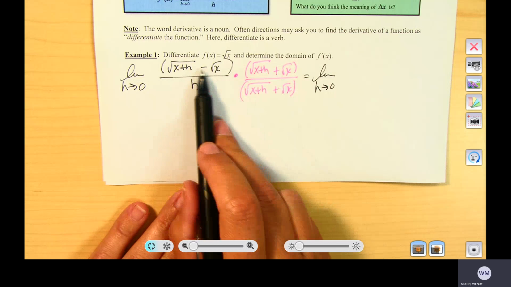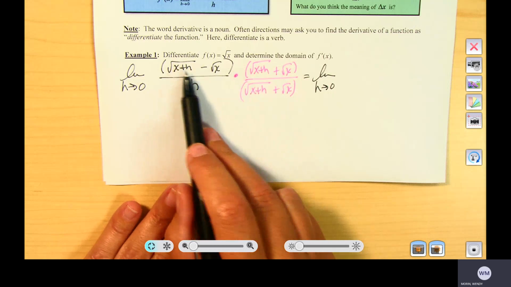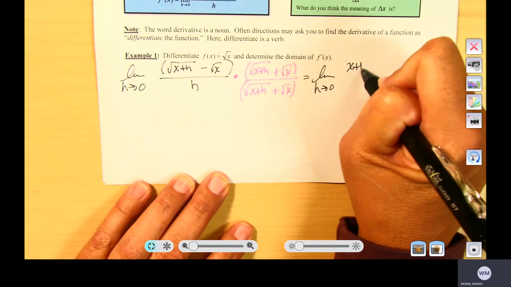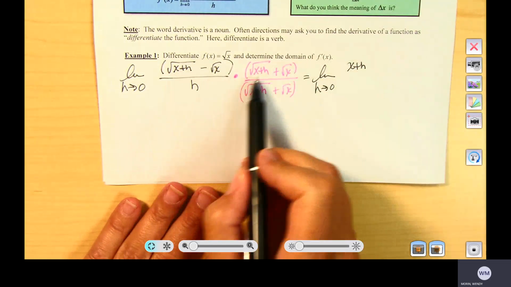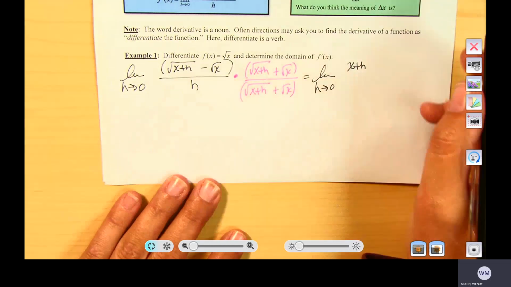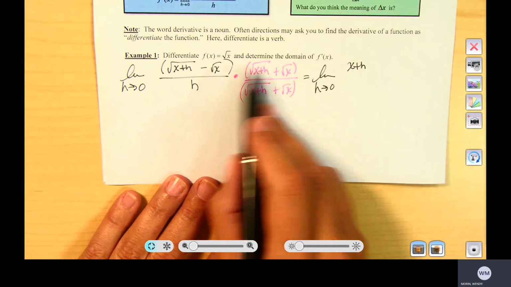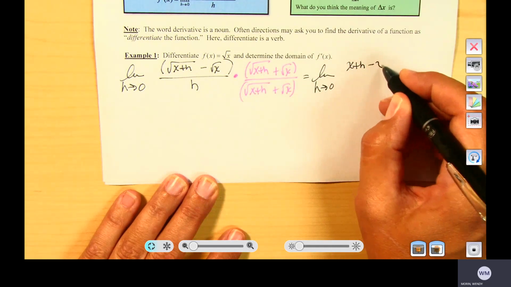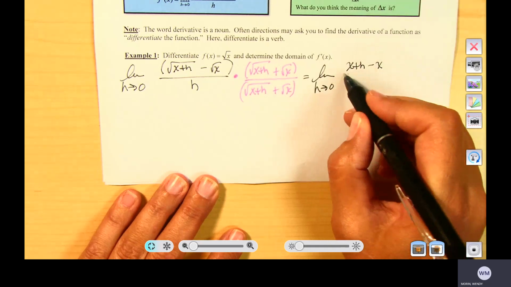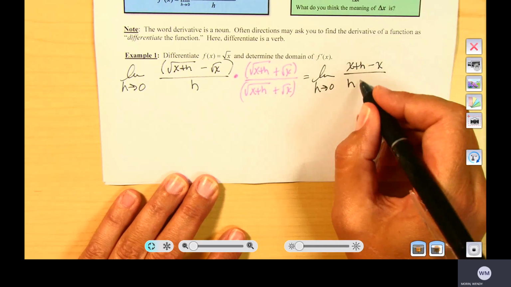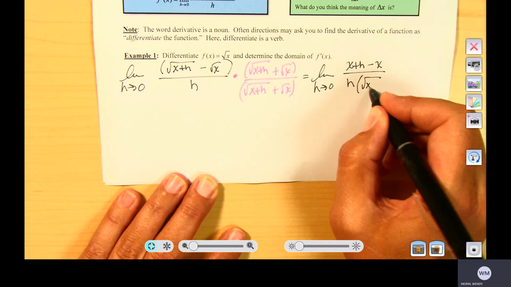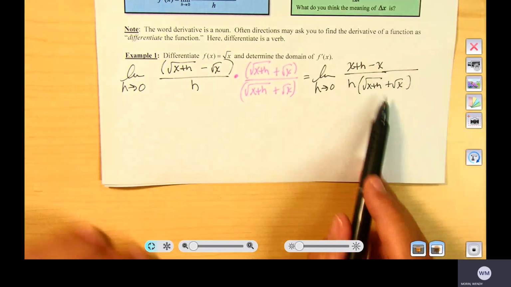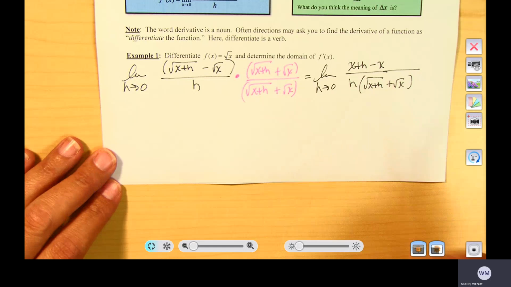This is a difference of squares pattern, so we're going to FOIL this in essence. First times first gives x plus h. The outsides and insides cancel, and then the last two give a negative x, square root of x times square root of x, all over h times the quantity square root of x plus h plus the square root of x. I'm not going to distribute that right now, and you'll see why.